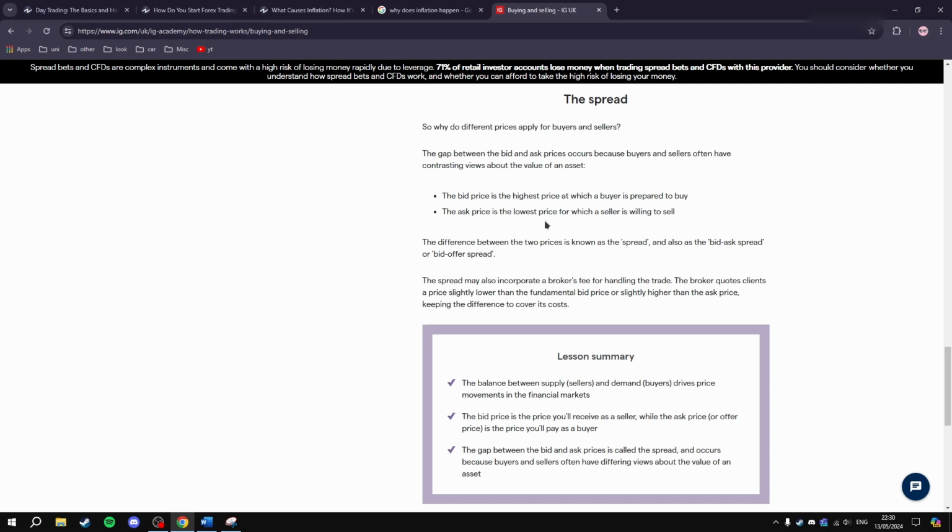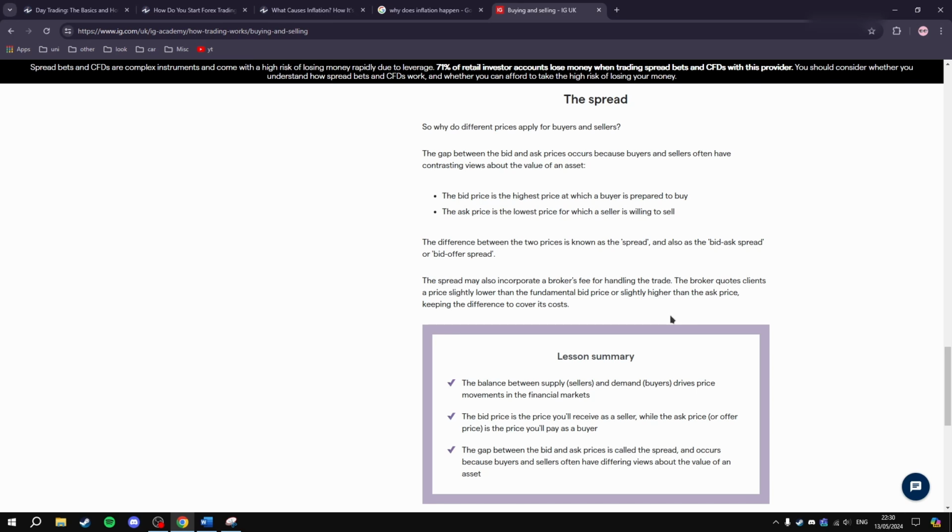The spread may also incorporate a broker's fee for handling the trades. The broker quotes clients a price slightly lower than the fundamental bid price or slightly higher than the ask price, keeping the difference to cover its costs. So the broker quotes you slightly higher than the ask price, say 1.31, but then the actual price is 1.3.